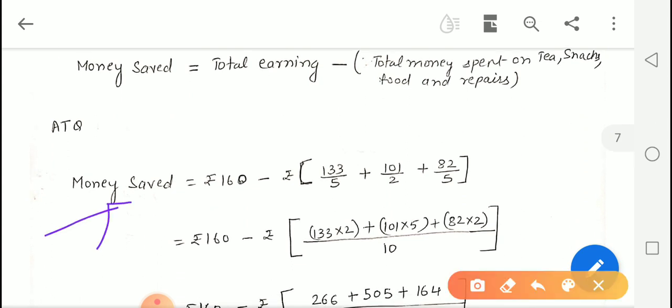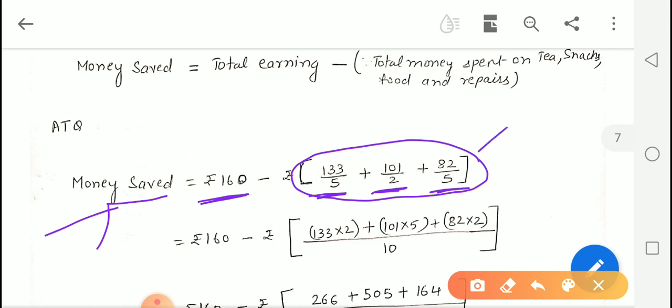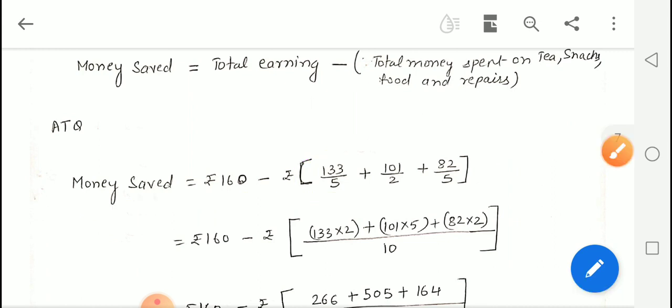Money saved is the total money earned, that is 160, minus money spent on tea and snacks plus money spent on food plus money spent on repairs. We will add the money spent. So we will solve this bracket first, like we have done here.